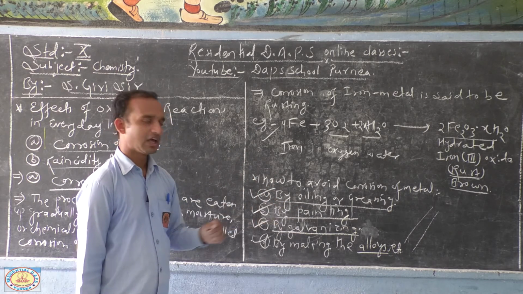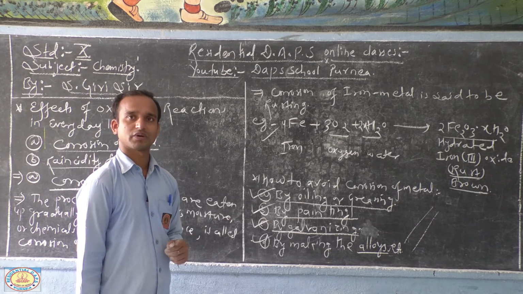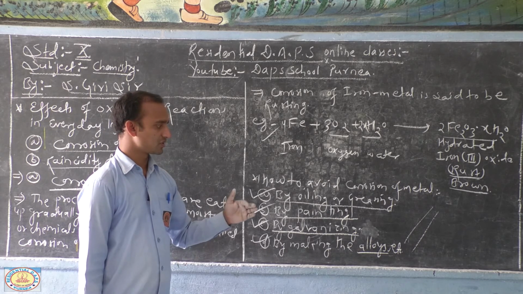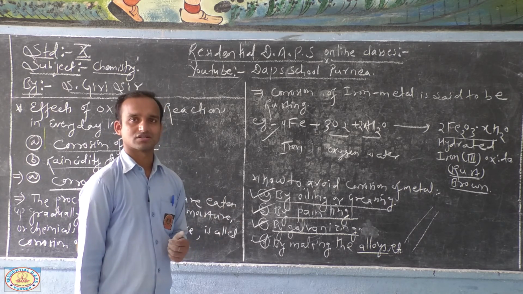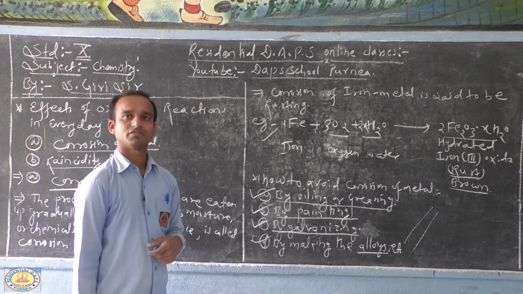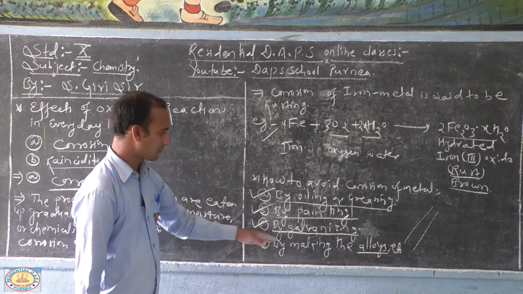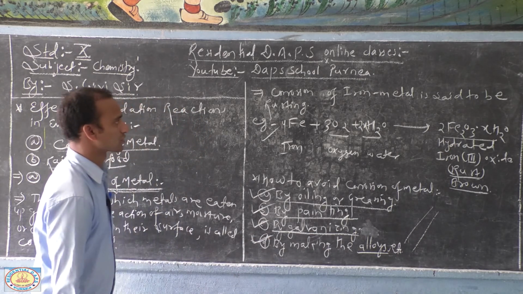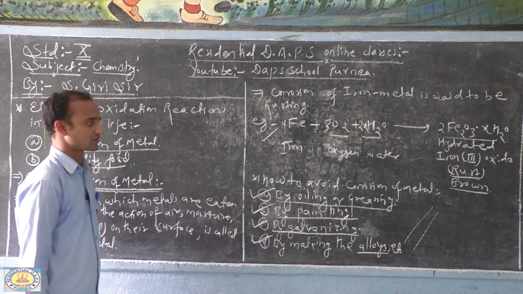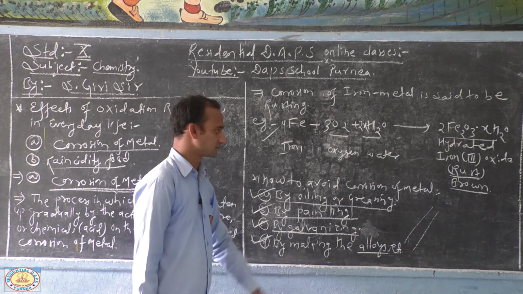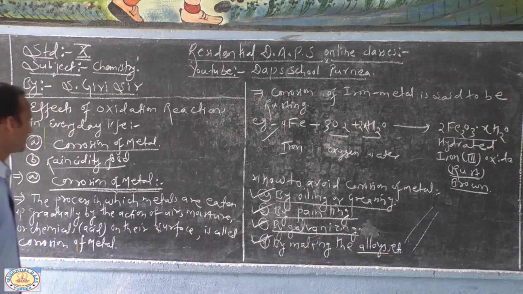You might have seen alloy bike wheels and alloy car wheels these days, rather than in the olden days, when they used iron wheels, which easily rusted and corroded in a very short period of time. So, by making alloys also we can prevent unnecessary corrosion or rusting of metals. I think up to here you might be clear. Now, the next topic is about rancidity.